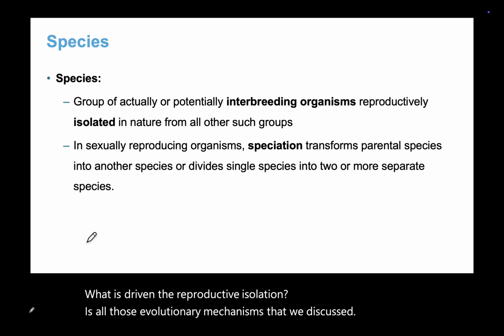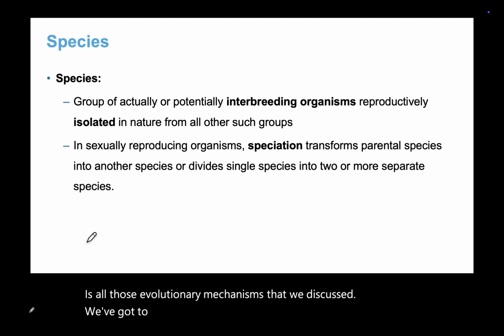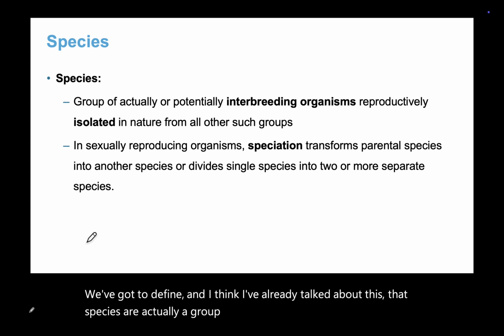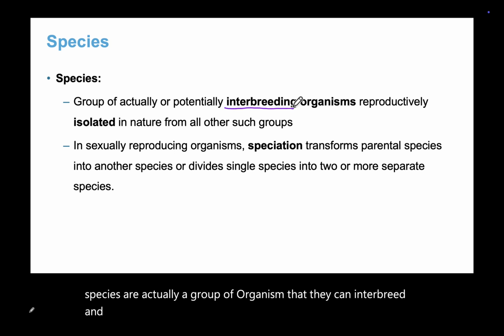We've got to define, and I think I've already talked about this, that a species is a group of organisms that can interbreed, and they can produce new offspring that can also interbreed.